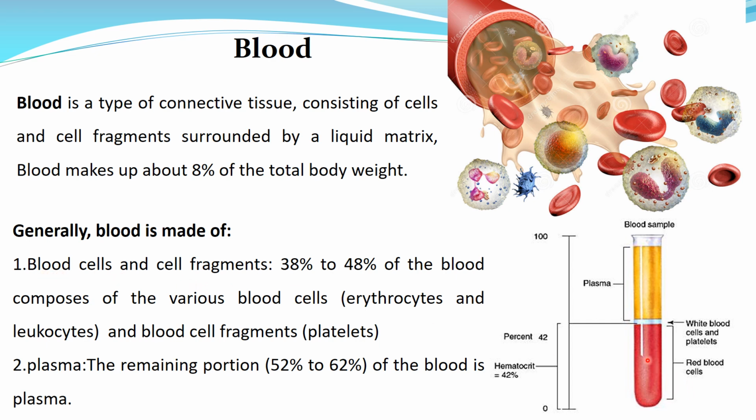The first compartment is the blood cells, if you have a look here, and the cell fragments. About 38 to 48% of the blood is composed of various cell types, including the erythrocytes, which have their own specific shape, and then we have different types of leukocytes.